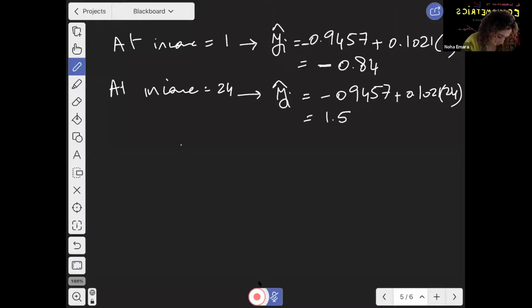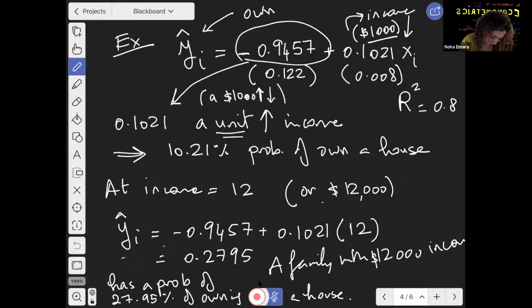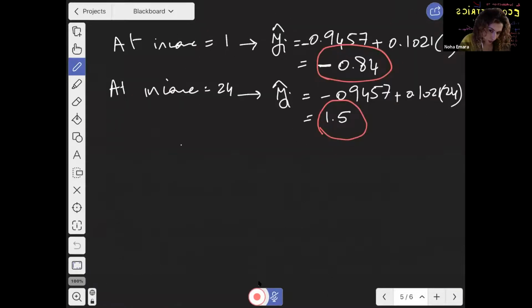Now this brings us to the main disadvantage of a linear probability model. What I see here is a probability that is negative, and here a probability that is exceeding 1. We couldn't see it in the previous question. It was a number in between 0 and 1, which is fine. But extreme values introduce these crazy numbers.